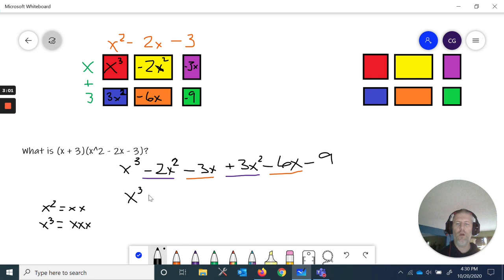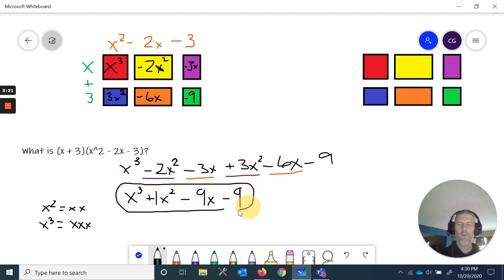Negative 2 plus 3 is 1, so plus 1x squared. And you can just write x squared, that's a little more proper, but I'll help you here with the plus 1. Combine the x's, so negative 3x and negative 6x. Negative 3 minus 6 gives me negative 9x, and then minus 9. Okay, so now I've got a third degree polynomial, x cubed plus 1x squared minus 9x minus 9.